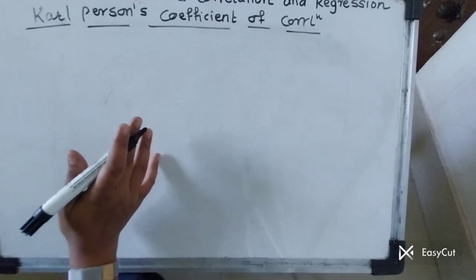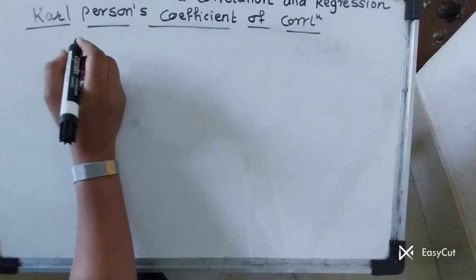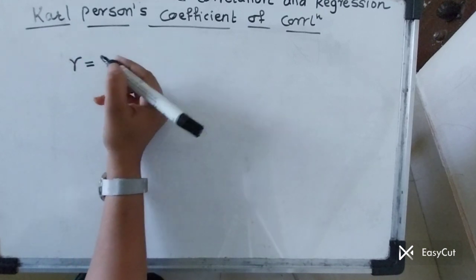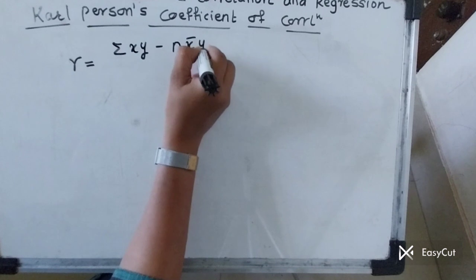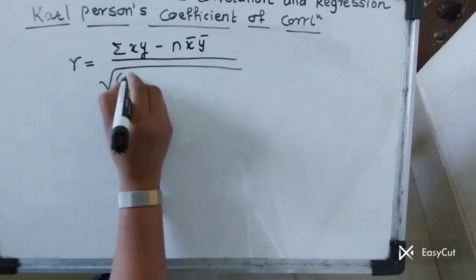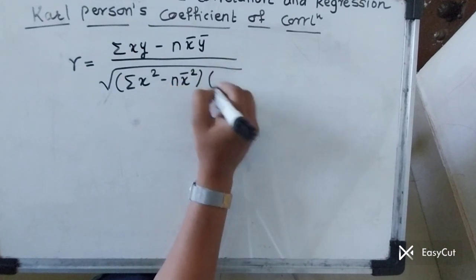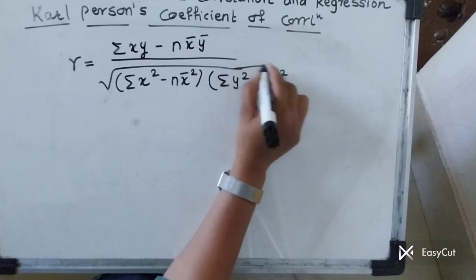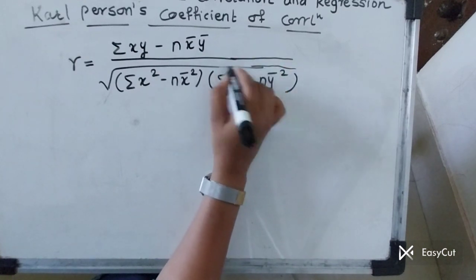Karl Pearson coefficient of correlation is denoted by small r, and it is defined as summation xy minus n times x bar y bar, divided by under root of (summation x square minus n x bar square) into (summation y square minus n y bar square).